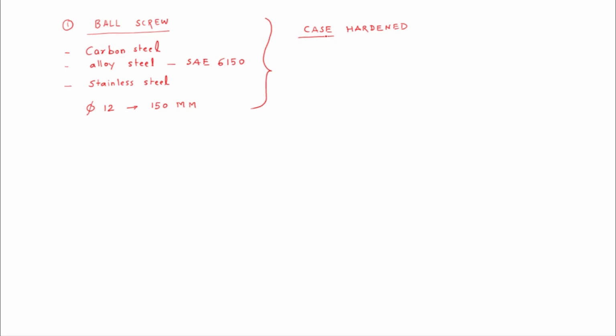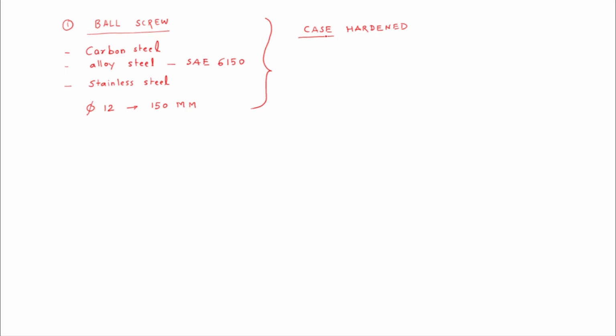Due to the increase in temperature, there will be deposition of carbon, and the carbon will get lodged onto the surface of the screw, and as we know, carbon increases the hardness. We want to have a harder outer surface and a softer inner surface.